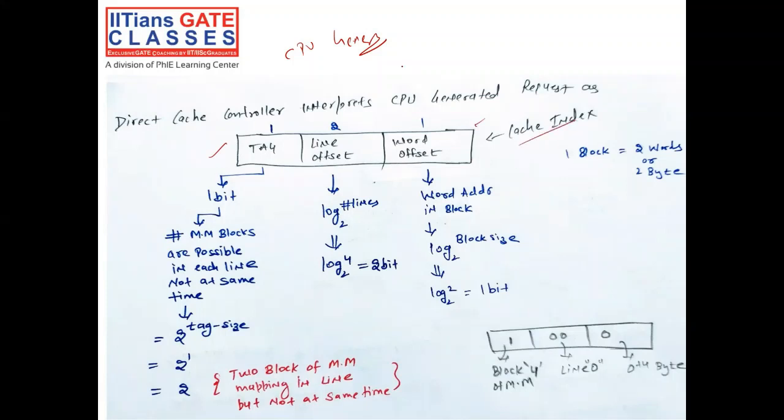Means whatever the request came, how do you break it down, let's say a 4-bit request came. This is our format to interpret the CPU request, right? The format has a word offset. This word offset will point to a byte in the block, and the line offset will enable the line in the cache memory, right?